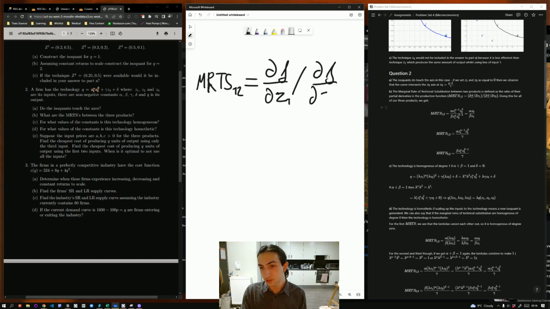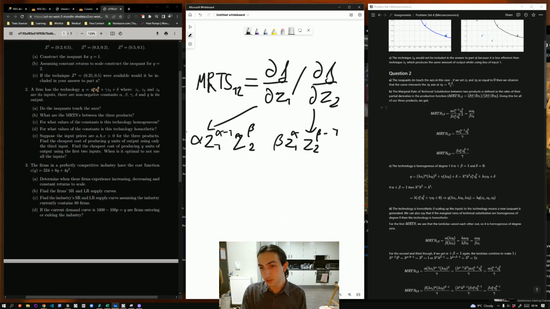And if we look at our function there, the first partial derivative is going to be alpha Z1^(alpha minus 1) Z2^beta, and the other one is going to be beta Z1^alpha Z2^(beta minus 1).